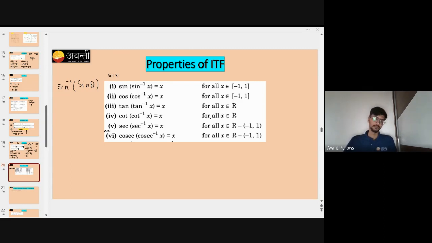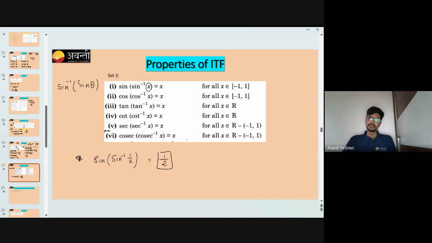Okay, so let's take an example. There are not many questions based on this, but for understanding, let's take sine of sine inverse of half. Now just check if this half is between -1 to 1. Obviously, half is between -1 to 1. So the sine inverse gets cancelled and my answer will be simply half. So this is the basic use.